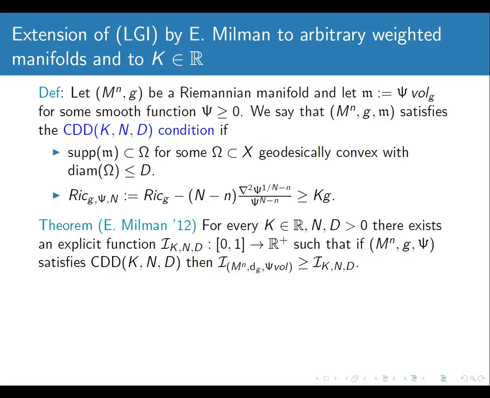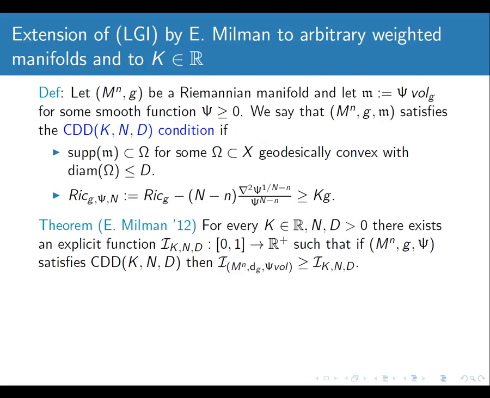So if we have a manifold with a measure that is absolutely continuous with respect to the volume measure, so with a density, then this metric measure space verifies the curvature dimension diameter condition if the support of the measure is geodesically convex with diameter at most D, and the generalized Ricci tensor satisfies the usual inequality.